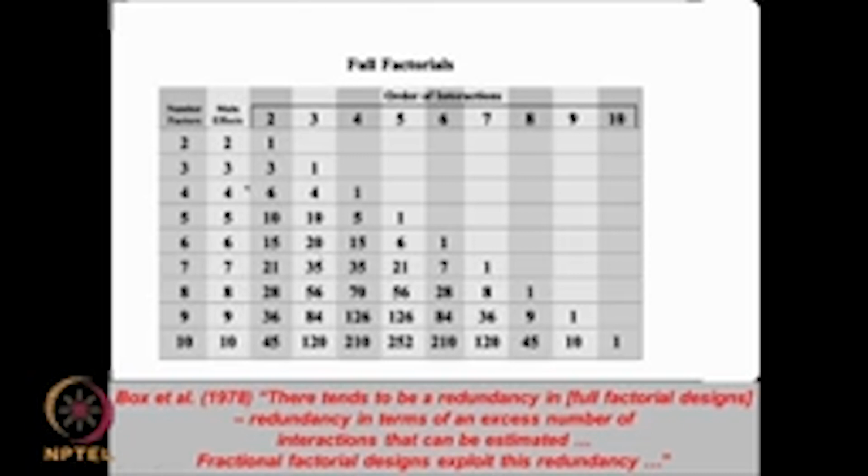So, there came into being something called the fractional factorial designs, which are like half of 2 power n, that is 2 power n minus 1, or 1/4 of 2 power n, that is 2 power n minus 2 and so on.